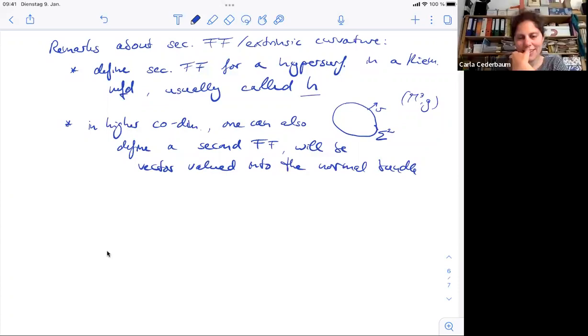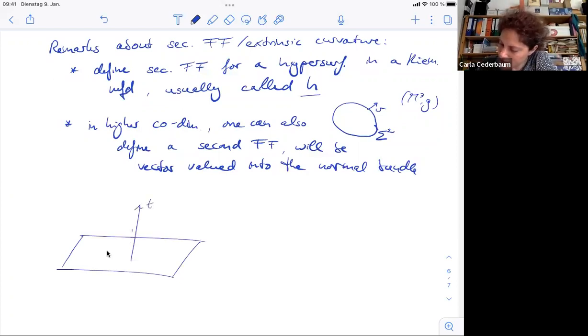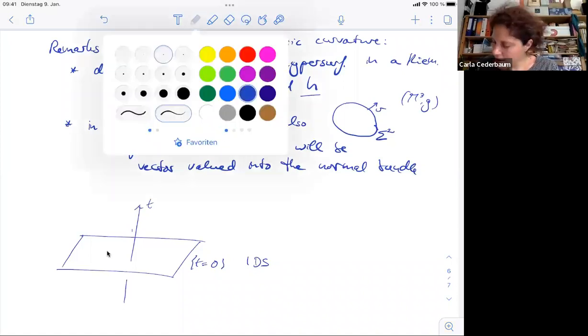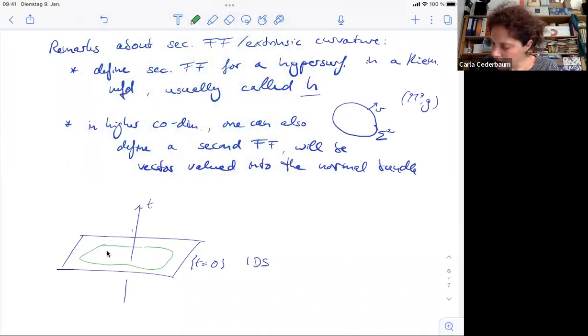Yeah, thanks. Okay, so let me draw a sketch of the situation we will encounter also tomorrow. So if we have a space-time and now some initial data set, not necessarily a canonical one, I'm just drawing it flat so I have enough directions to draw on. And then inside this space-time, we have a two-dimensional surface inside this initial data set.